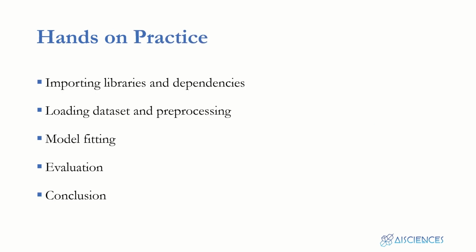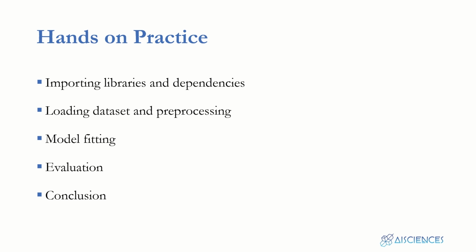First of all we're going to start with importing our libraries in Python that help us code, and we're going to load our data set and perform pre-processing, and we're also going to learn how to evaluate our models, and we're going to draw different conclusions from it.